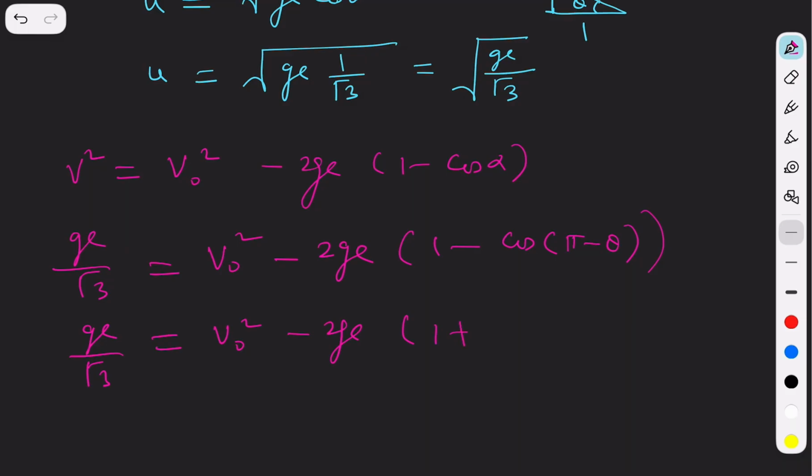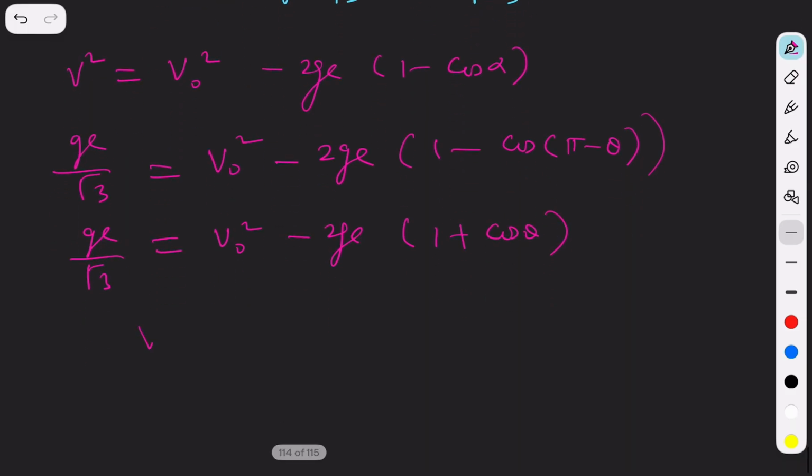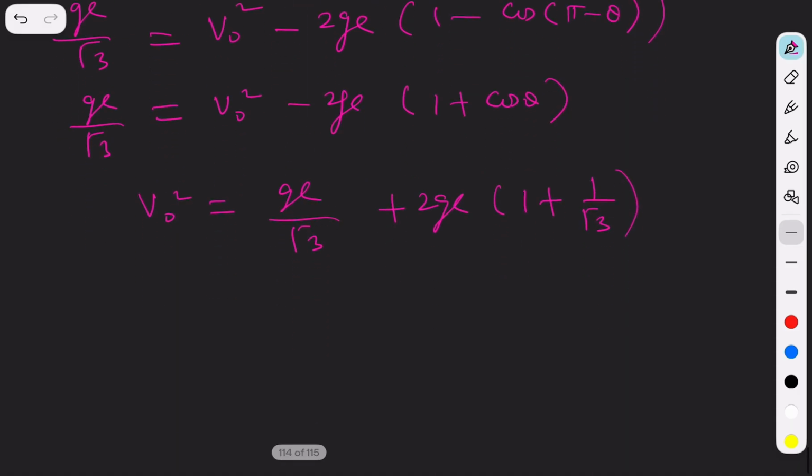So v naught squared will be equal to gl by root 3 plus 2gl(1 plus cos theta). Cos theta is 1 by root 3, we have discussed already above. So I can take gl common, and we will get 1 by root 3 plus 2 by root 3. I hope this is settled.